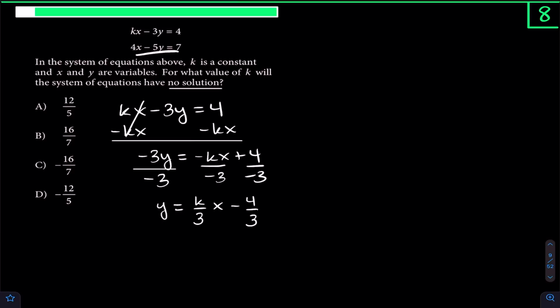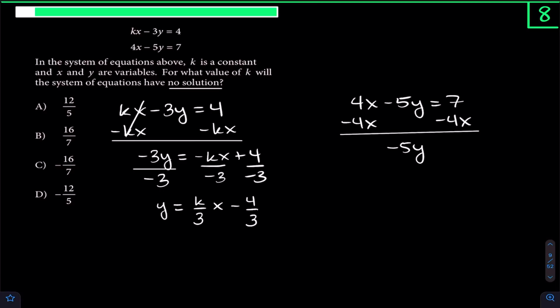What about for the other line, for the 4x minus 5y equals 7? Well, now we subtract 4x on both sides to solve for y. We get negative 5y is equal to negative 4x plus 7. And we divide by negative 5 on both sides to finally solve for y.